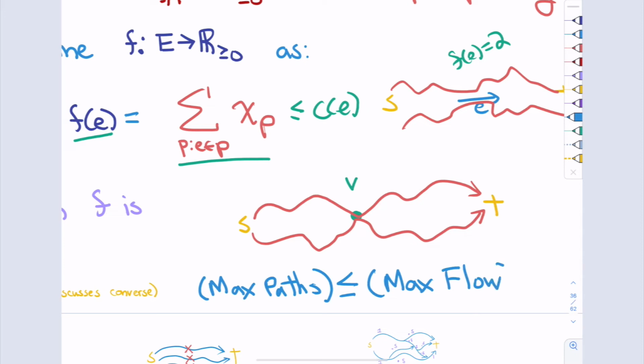So the max flow is always at least the maximum quantity of paths that I can take.